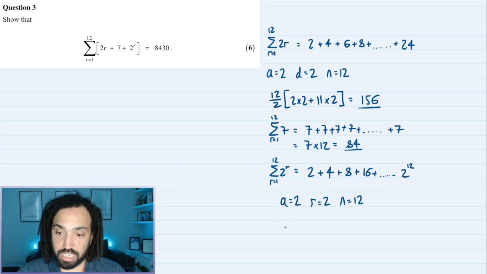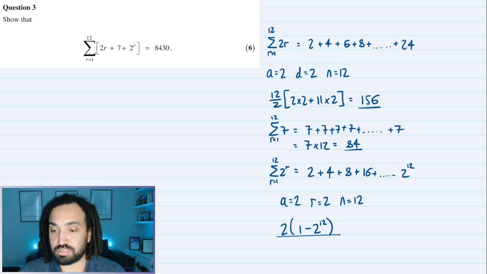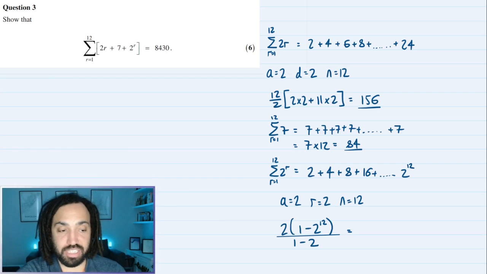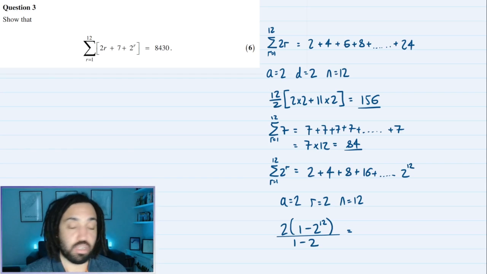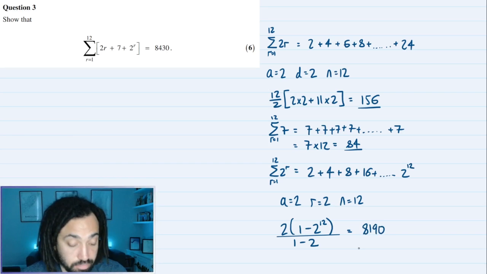So the formula for the geometric sum is a, open brackets, 1 minus r to the power n, all over 1 minus r, which is just 1 minus 2. I think this is where my non-calculator is going to come to an end. Okay, and we got an answer of 8190.